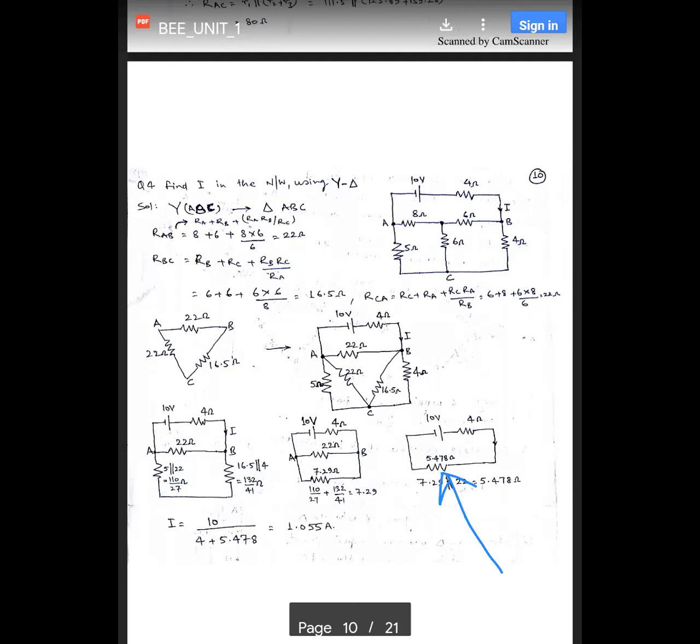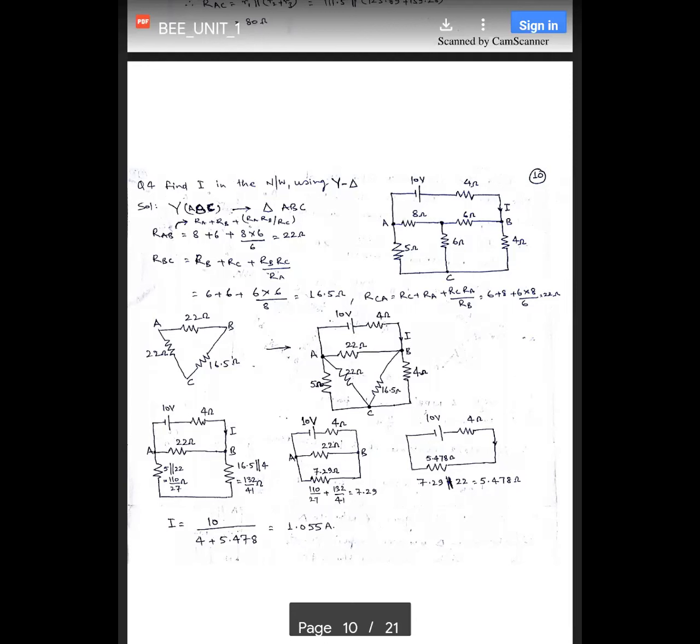So now this resistance and this 4 ohm resistance, which is given in series with the 10 volt battery, these two are in series, so they get added up. When these are added, it is somewhere around 9.4 ohms.